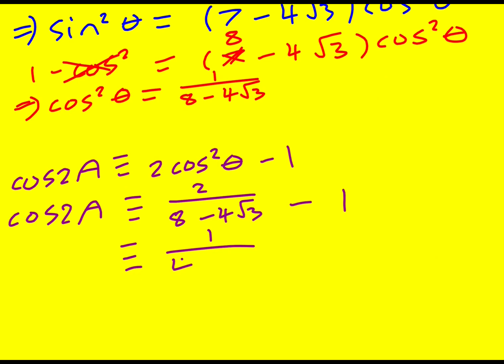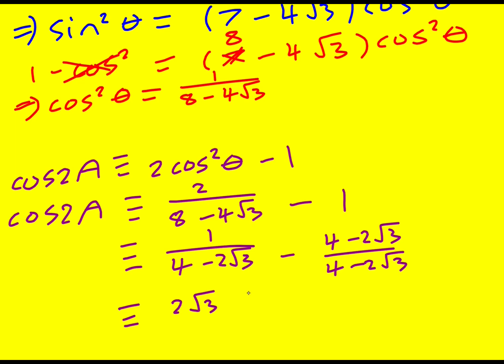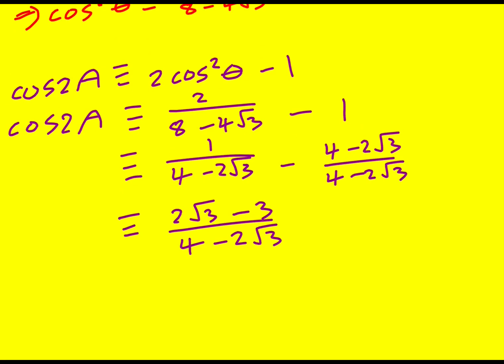So it'd be 1 over 4 minus 2 root 3 minus 4 minus 2 root 3 over 4 minus 2 root 3, which will give me 2 root 3 minus 3 over 4 minus 2 root 3. Fair enough, it doesn't look very nice, but at least I'm not having to square root.